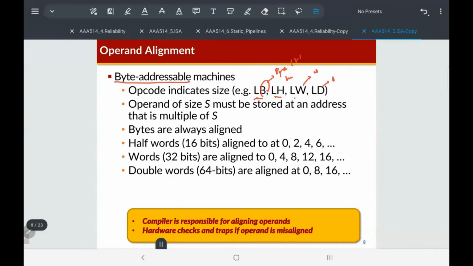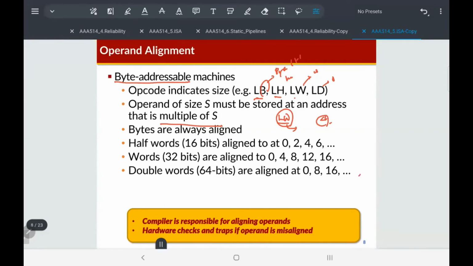And usually an operand of size S must be stored at an address that is a multiple of S. Okay, so which means that if we use the load word, then the address handled by this load word should be a multiple of 4, because the word size is 4 bytes. Okay, so data should be aligned in the main memory. Okay.